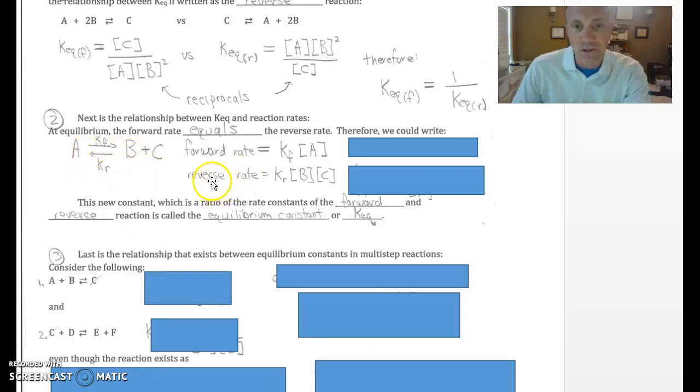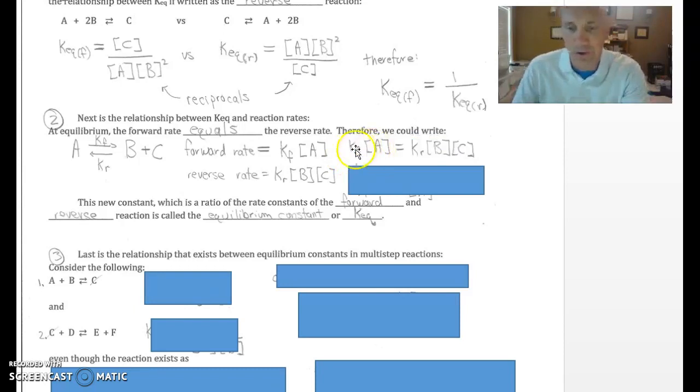The reverse rate would be the opposite: these are the two reactants in the reverse process multiplied by whatever that rate constant is right here. And we know that whenever you get to an equilibrium, the forward rate equals the reverse rate. So therefore, we could set these two things equal to each other. We would have this right here.